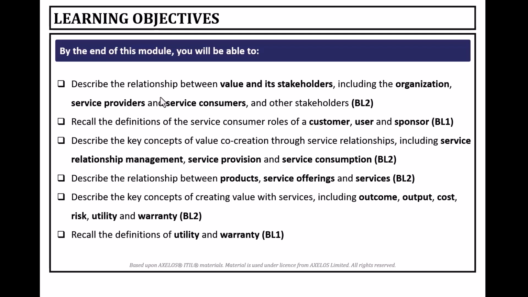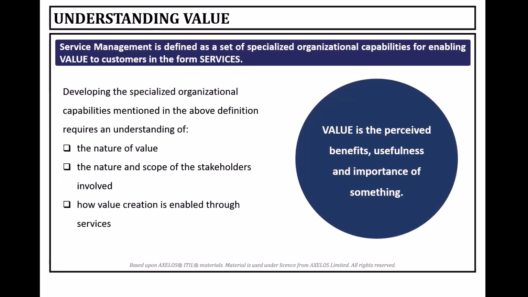This includes outcome, output, cost, risk, utility, and warranty. And finally, we will recall the definition and what exactly it means from a service management perspective, utility and warranty. First thing I want to ask all of you, what is service management?